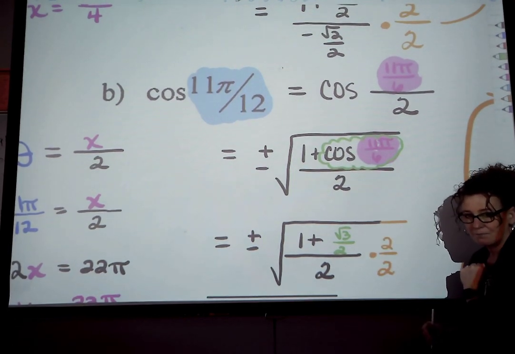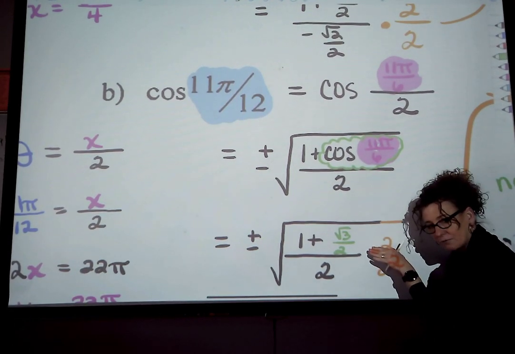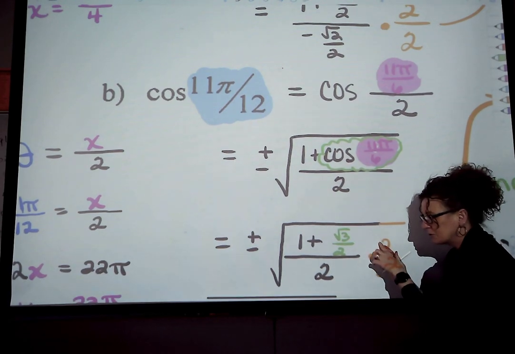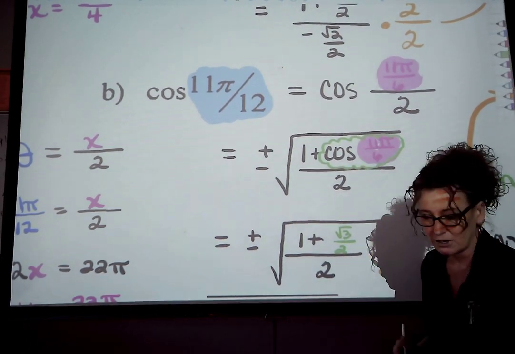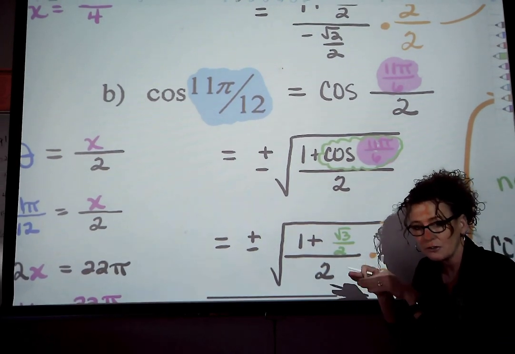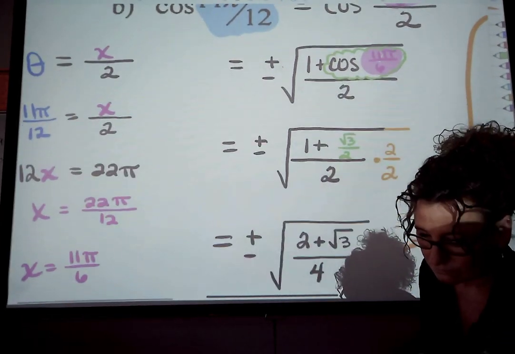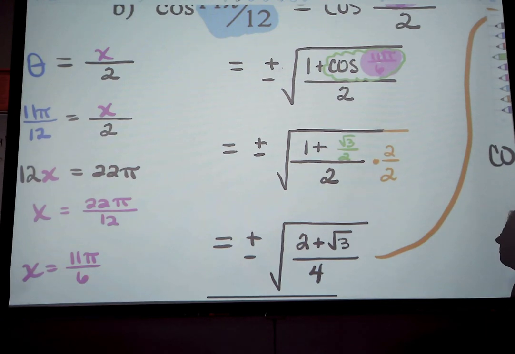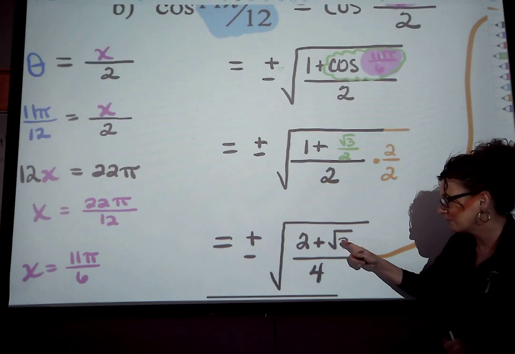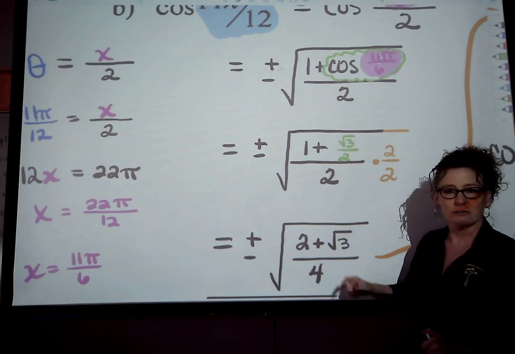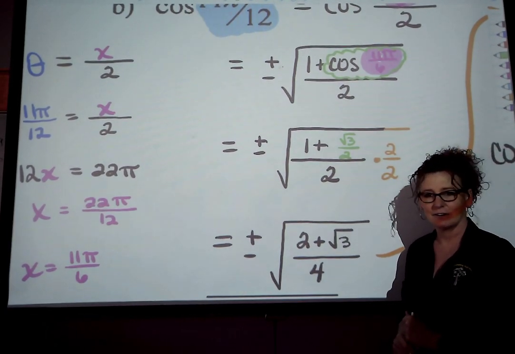Perfectly legal. I'm under the radical. Multiply by 2 over 2. Distribute. Multiply flat out across the bottom. I'm still under the radical. This is going to look weird to you. You have a radical inside a radical. You might not have ever seen that before. It's okay.